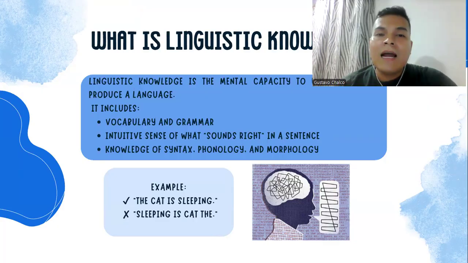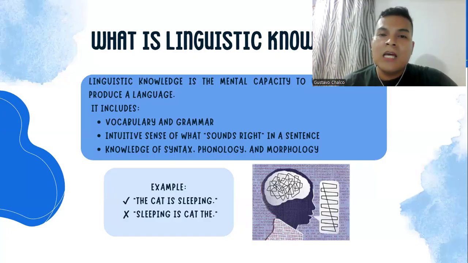Basically, it allows us to recognize when a sentence sounds correct or not. For example, the sentence "the cat is sleeping" is correct, but "sleeping is cat" clearly isn't. This knowledge is something we use every day without even thinking about it.